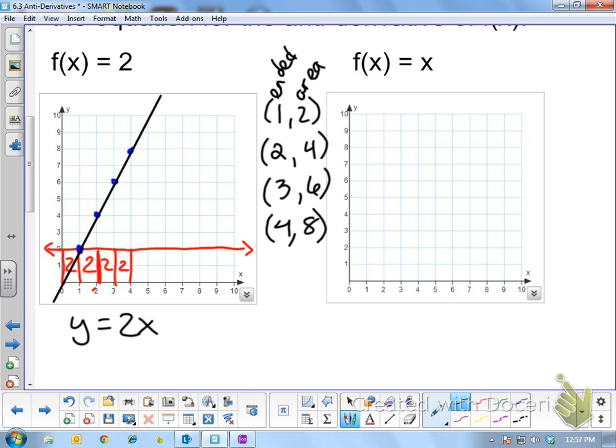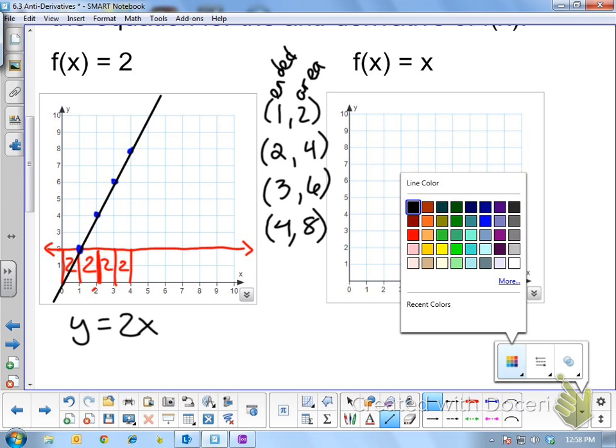Okay, so we've done it for one function. I want you to do it for this second function. This time we have the line. That's where I can choose the color. Do green.